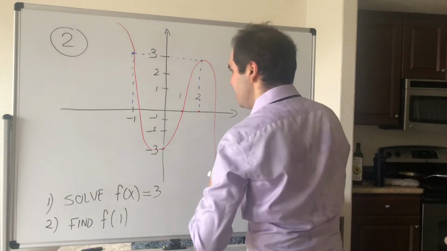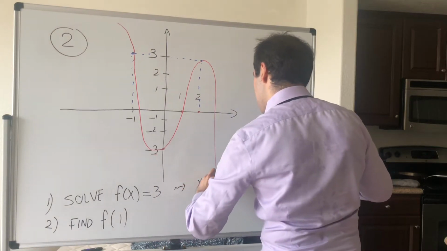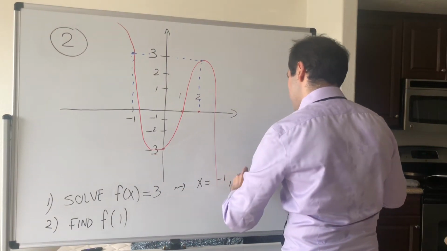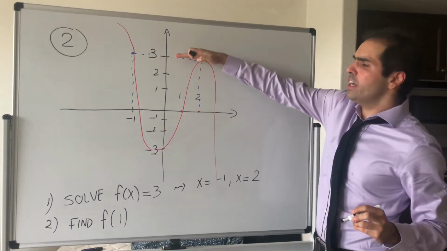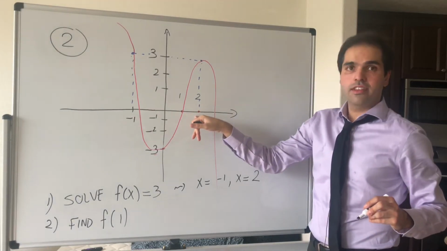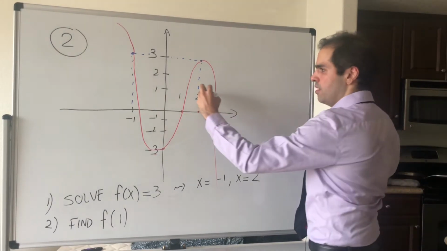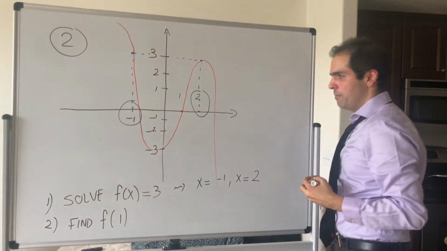So it is indeed x equals minus 1 and x equals 2. So you see here you do the opposite. Here you look at the output 3 and you want to figure out which inputs give you 3. So here f of 2 is 3 and f of minus 1 is 3.